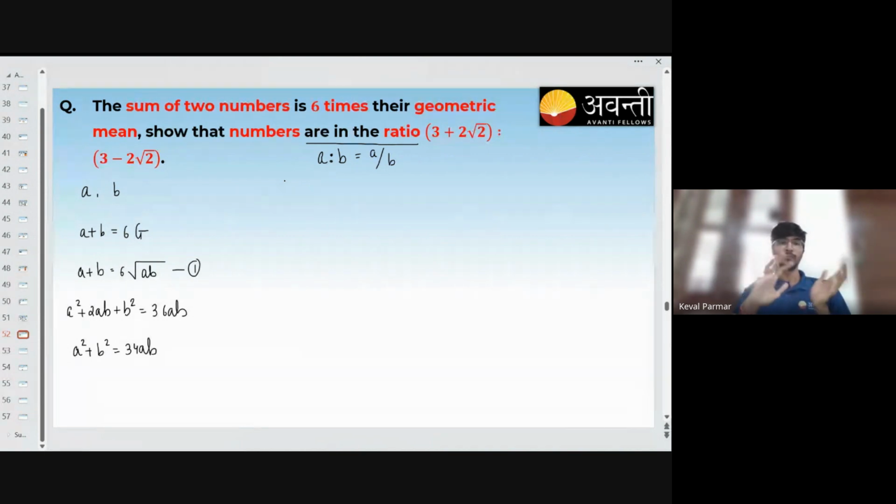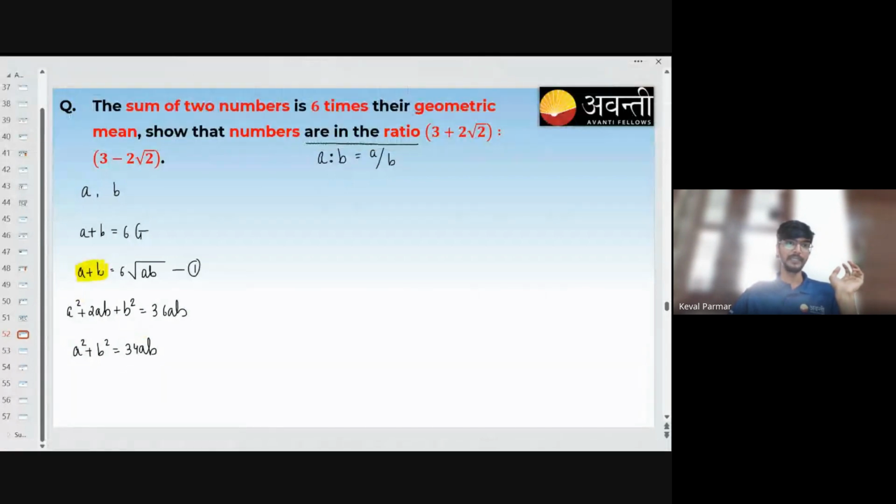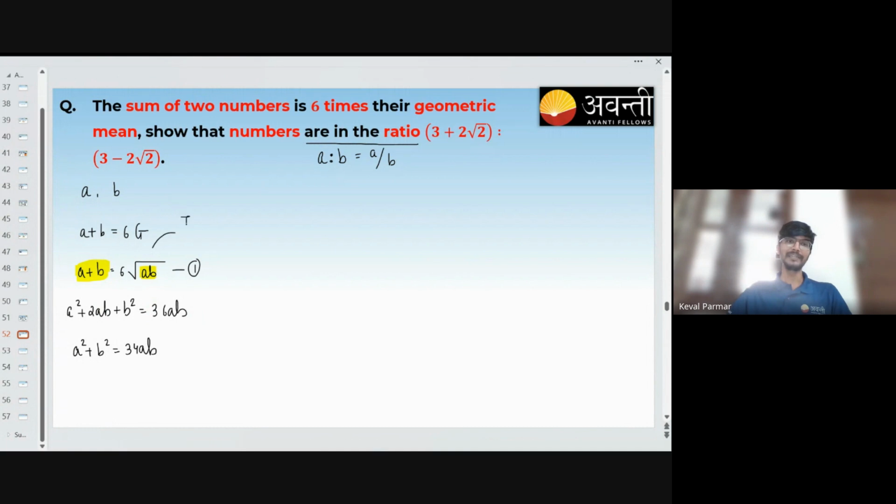Correct? So, let me tell you many times here, whenever we see A plus B and AB, that means sum and product. So from quadratic equations, you must remember that always when sum of the roots is given and product of the roots is given, we try to get the difference of the roots, that means A minus B. And we have a very simple identity to get A minus B, which is the square identity.